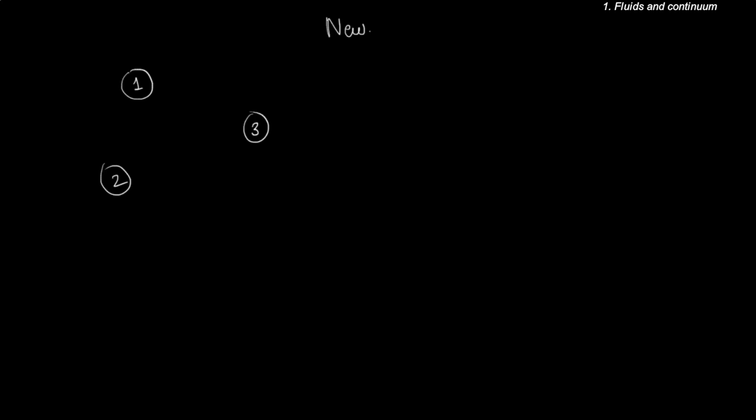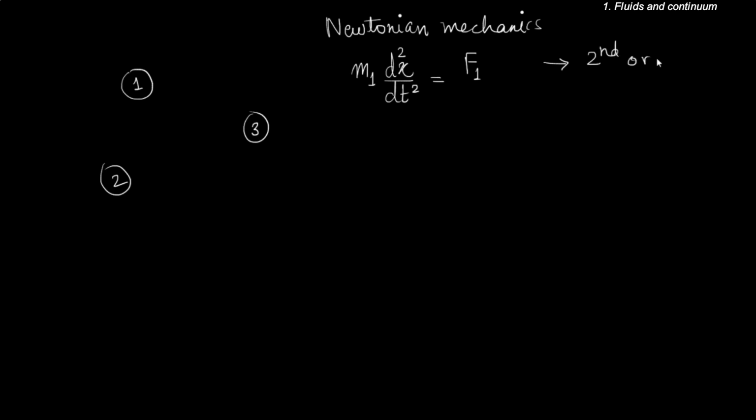We appeal to Newtonian mechanics, which says that the mass of particle 1 times the acceleration of particle 1 in the x direction is equal to the force acting on particle 1. And this is a second order ordinary differential equation with appropriate initial conditions, where this should be the force in the x direction.